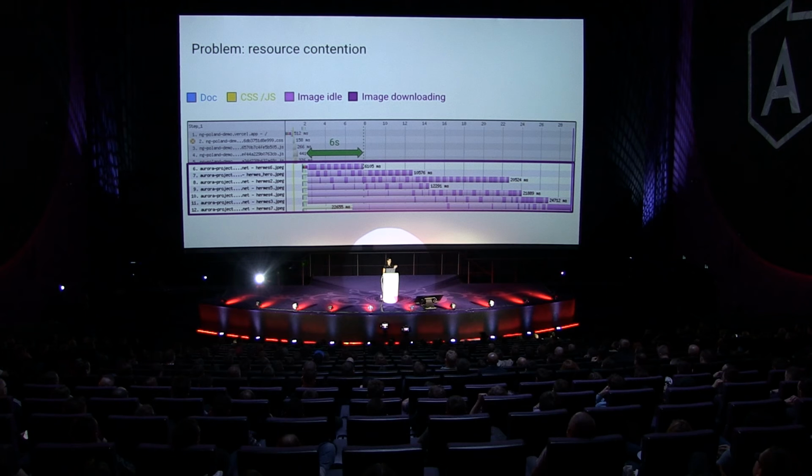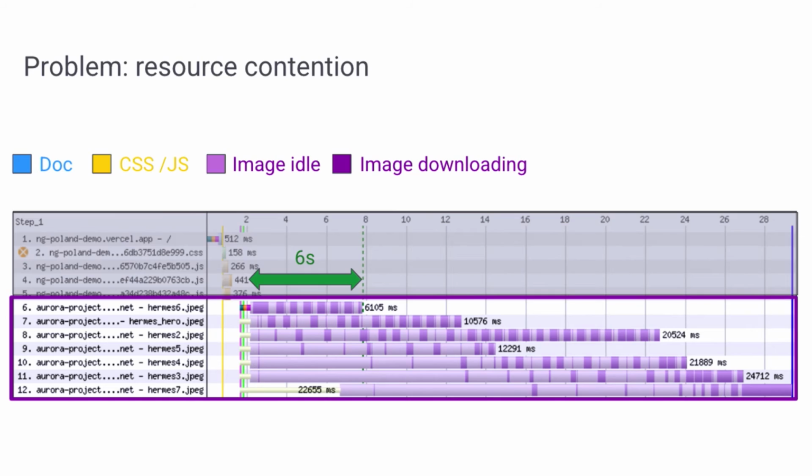We requested all 7 images at the same time, and the 6 images beneath the fold, the ones you can't even see, are stealing bandwidth away from the image that we actually care about. That's why you can see that the dark purple chunks in the lower images line up with the light purple chunks in our LCP image.